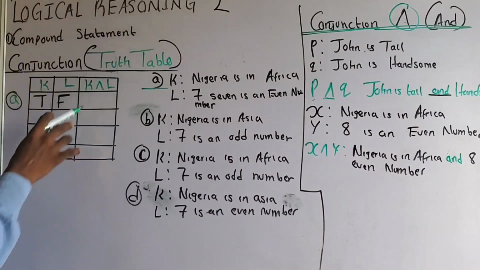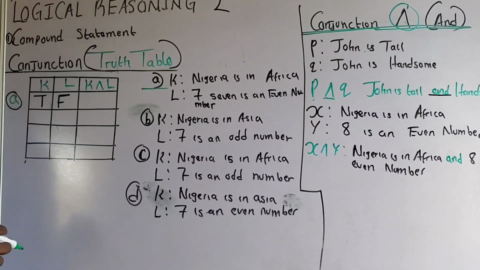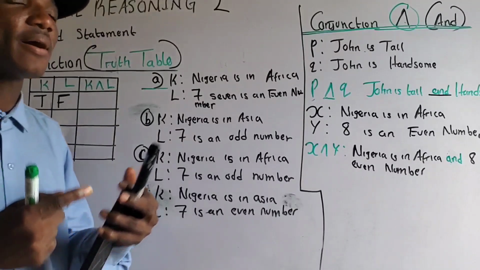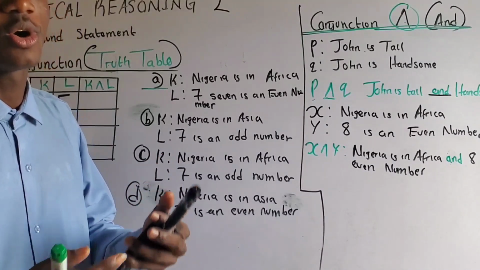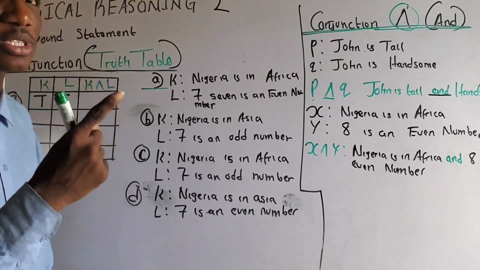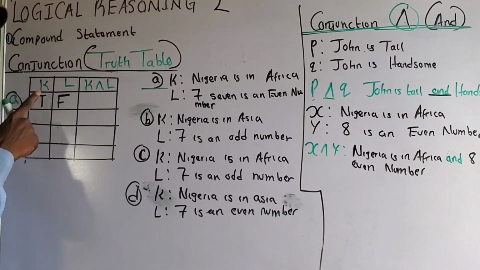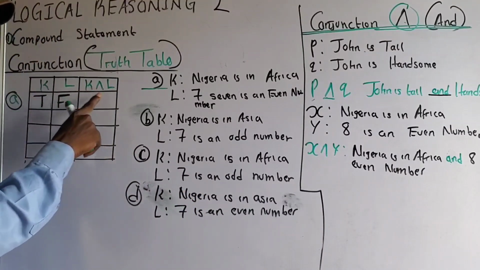Now, what will be the conclusion of this? Will it be true or false? That's where I'm going. When we have two statements combined together by a conjunction in which the first part is true and the second part is false, what will be the conclusion?